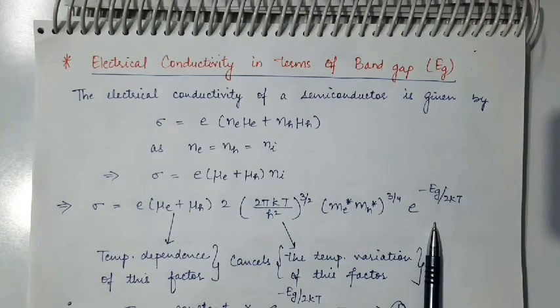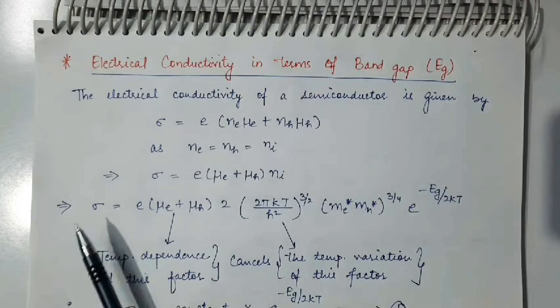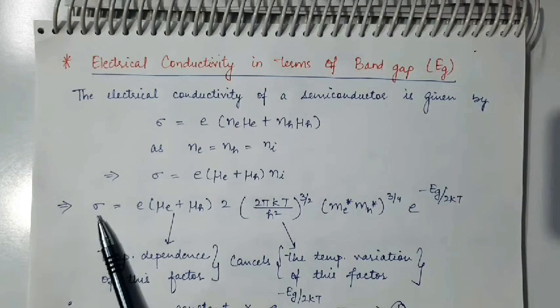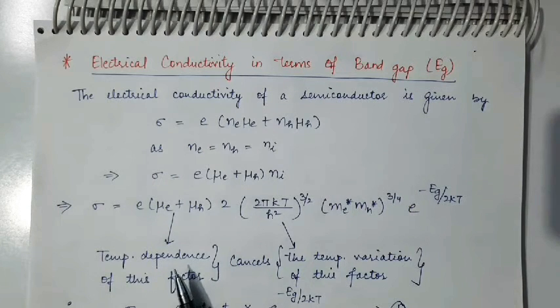All these three factors vary with the temperature. But we have to check which factor will dominate out of these three, and the variation of conductivity will be according to that factor which will dominate.